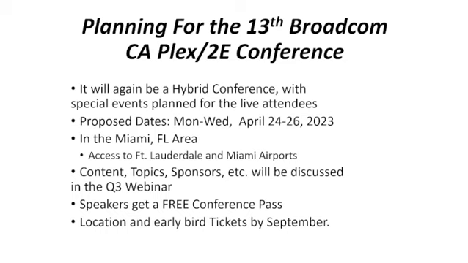The proposed dates right now are Monday to Wednesday. We checked the calendar for Common and a number of other shows, and we think April 24th to 26th, 2023 would be the right days to host this. It would be in the Miami, Florida area, which gives us access to Fort Lauderdale as well as Miami airports, with thousands of flights available, including direct from Europe.